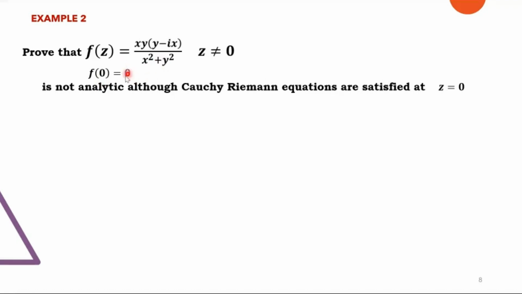Okay, two functions are given here. We have to prove that the CR equations are satisfied at z equal to 0 and the function is not differentiable. So first, if z is 0 here, what are the values of u and v? 0, right? If f of z is u plus iv, then if f of z is 0, u is 0 and v is 0. That is the second part.